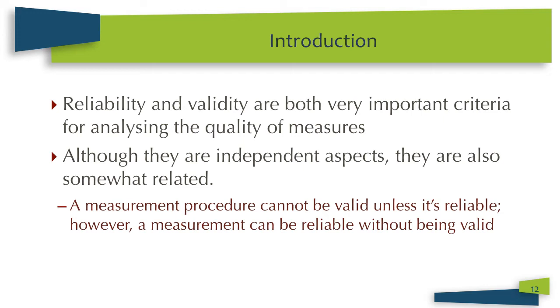For example, if I measure the height of my respondents and I say that I'm measuring their intelligence, they would get consistent and reliable results, because every time I measure the height, I'll get the same height. But this won't be valid, because height is not an indicator of intelligence.